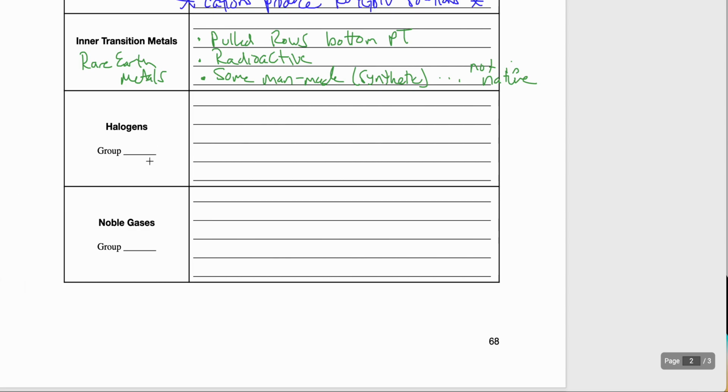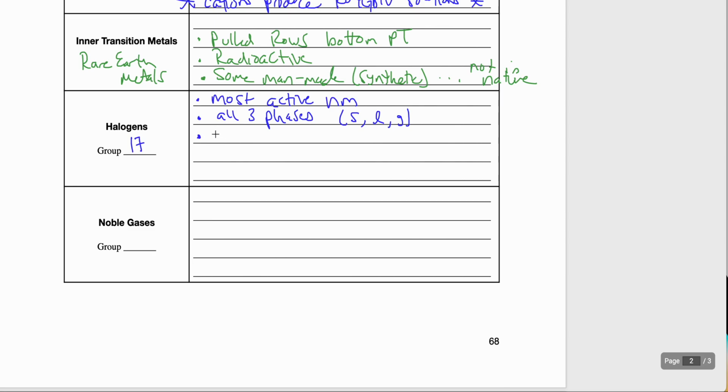Our next to last group are the halogens, group 17. So group 17, these are our most active nonmetals. One unique thing about the halogen group, this is the only group that has all 3 phases present. So at least one element in that group is a solid, at least one is a liquid, and at least one is a gas. So it's the only group on the periodic table that has all 3 phases present.